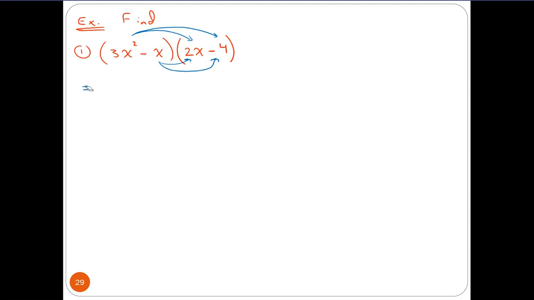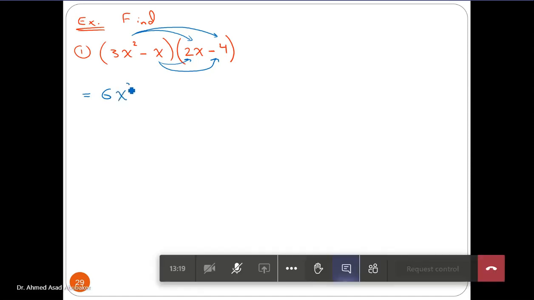So look at this: 3 multiply 2x, we have 6x cubed. 3 multiply negative 4, negative 12x squared. Now we have negative x multiply 2x, negative 2x squared. Negative x multiplied by negative 4, we have positive 4x.